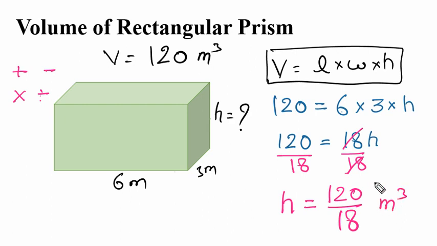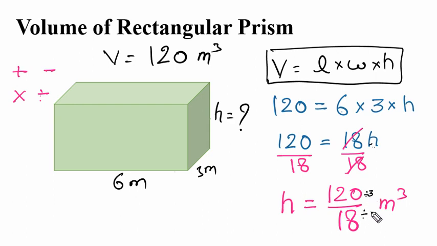Now you can simplify. Don't get confused that the height is on this side; you can write it like this also. It's the same thing: h equals 120 divided by 18. Now you can also simplify this by looking at a common factor. The common factor here is 3.